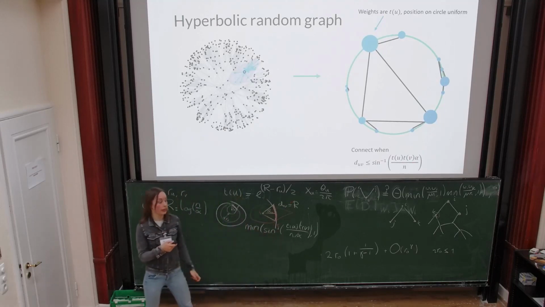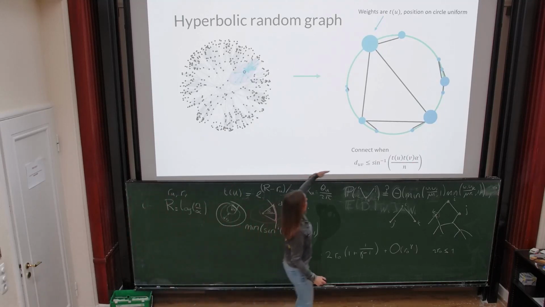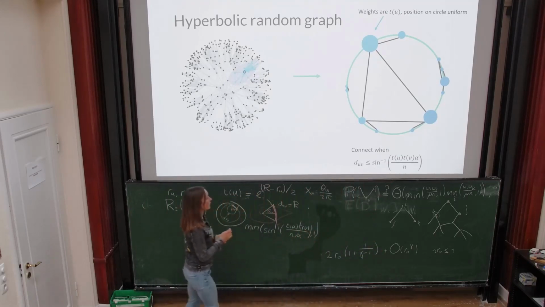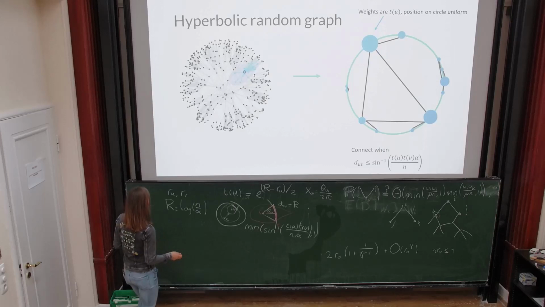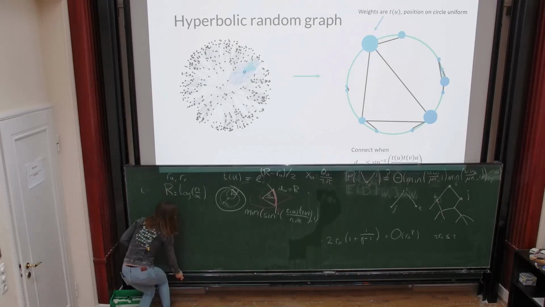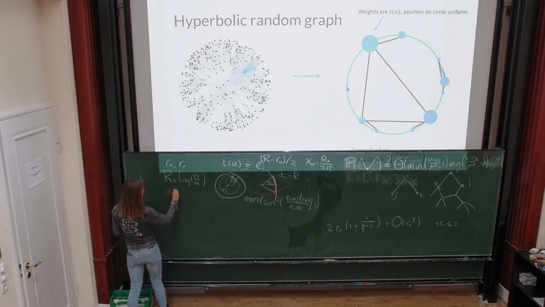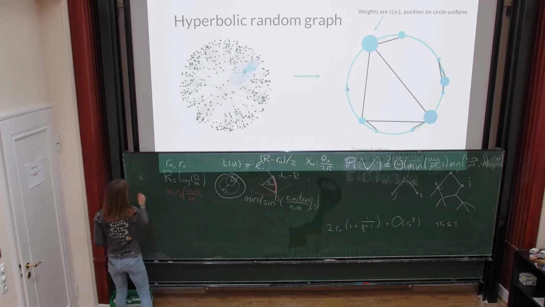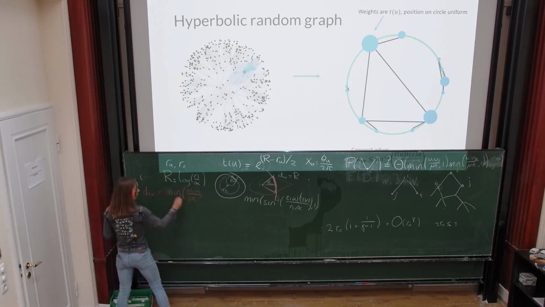And you connect them when the distance between points is at most the inverse sine of tu tv alpha divided by n. So in this previous model, we had the minimum of WU, WV. So you actually connect points when the distance between U, V is smaller or equal.